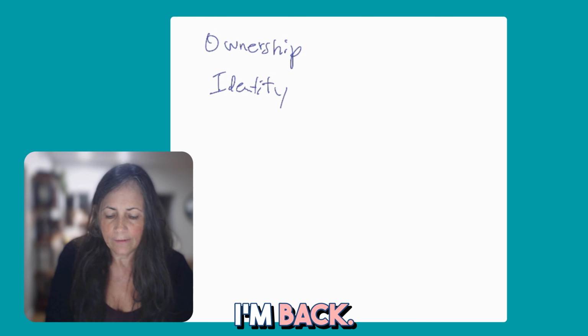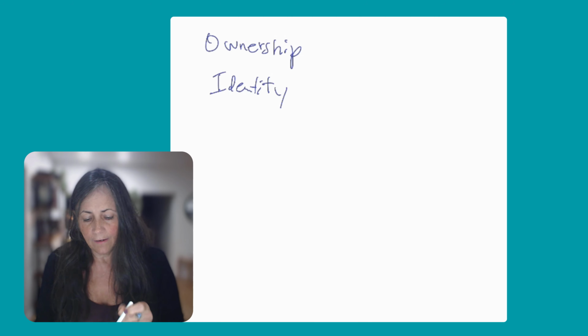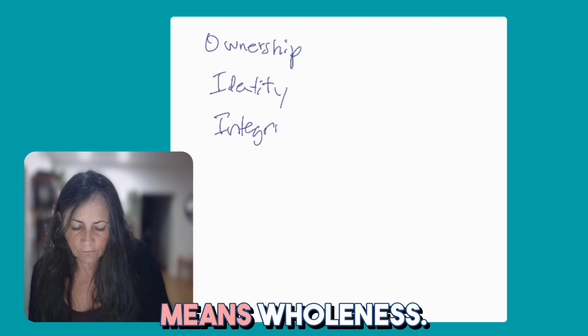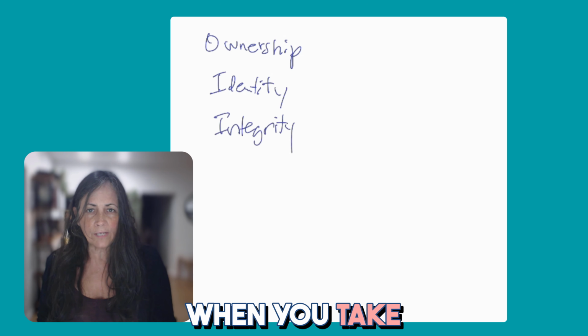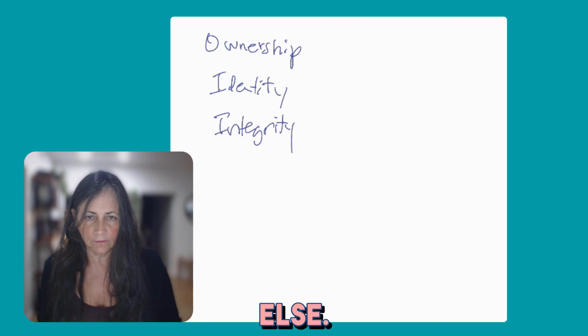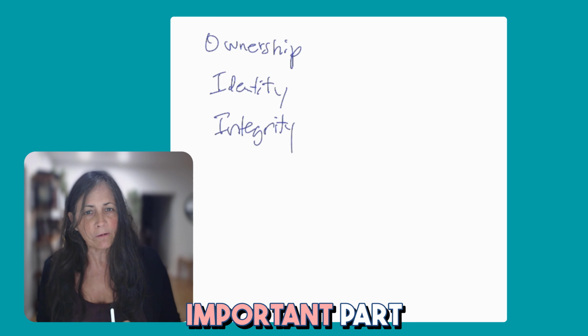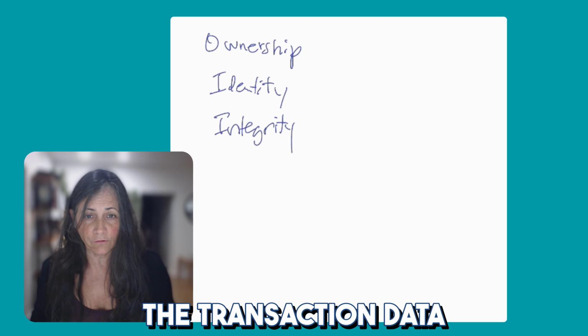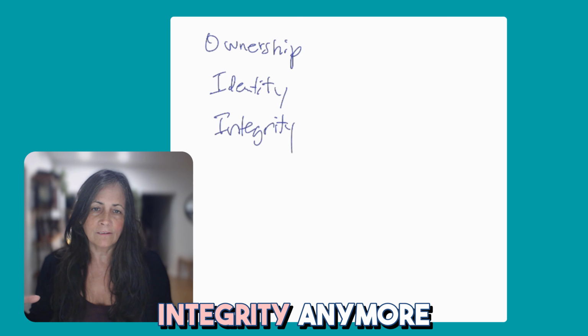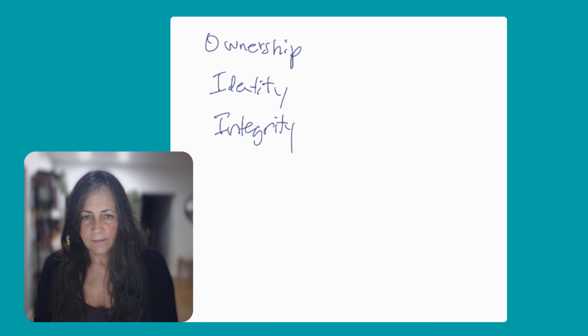All right, so I'm back. So identity, integrity. Integrity means wholeness. When you take something out of the original protocol and you stuff it somewhere else, you take a very important part out. So the transaction data and the block, none of it has integrity anymore with SegWit.